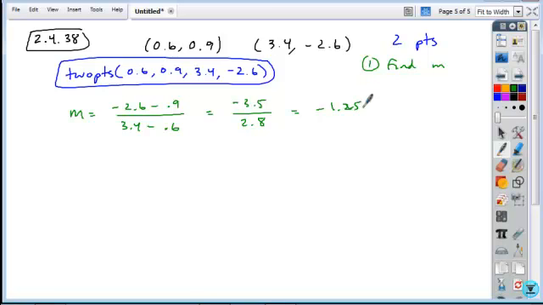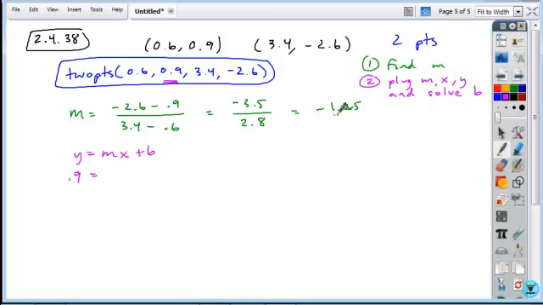So there's our slope. Once you have your slope, you then do the second step, which is to plug your m value, your x value, and your y value into the slope-intercept form and solve for b. So if we take our slope-intercept form, y equals mx plus b, we substitute in one of our y values. I'm just going to use 0.9.